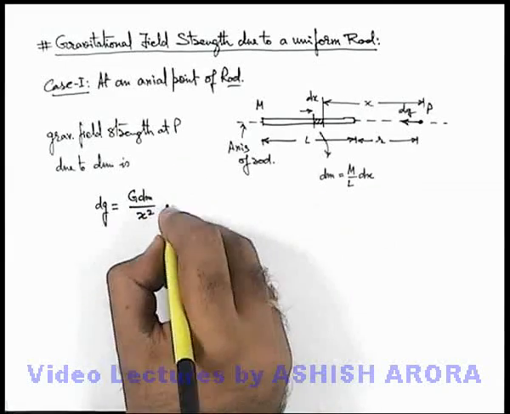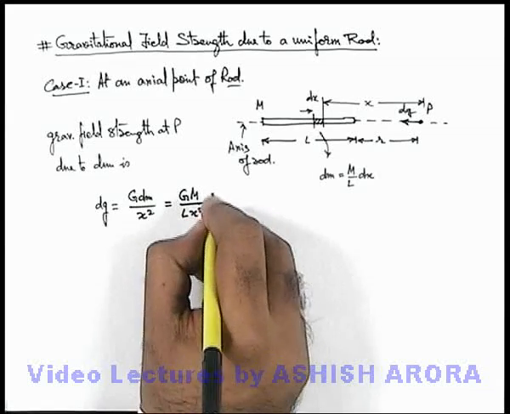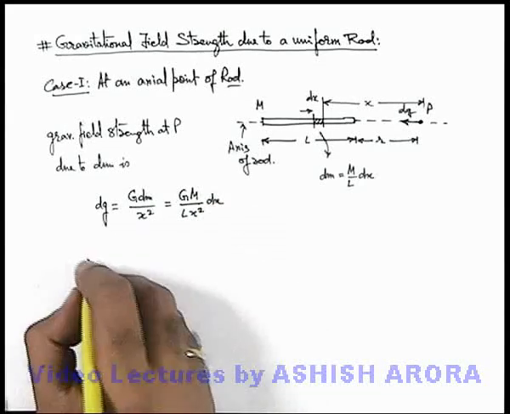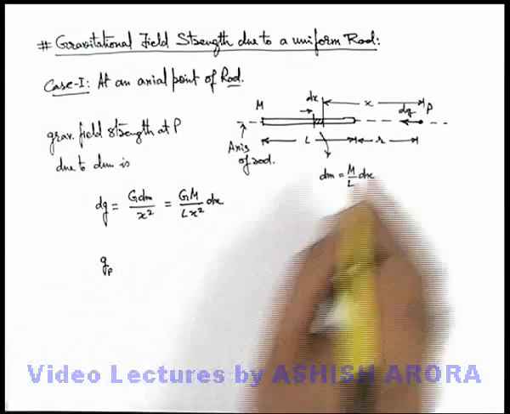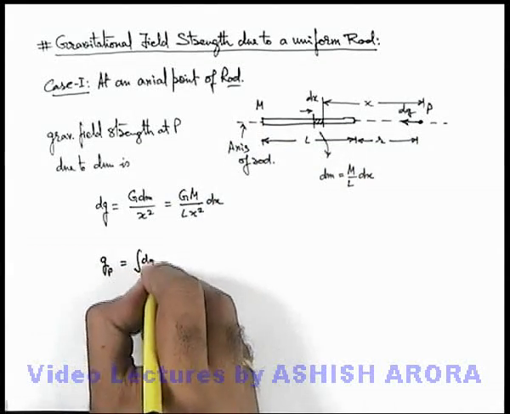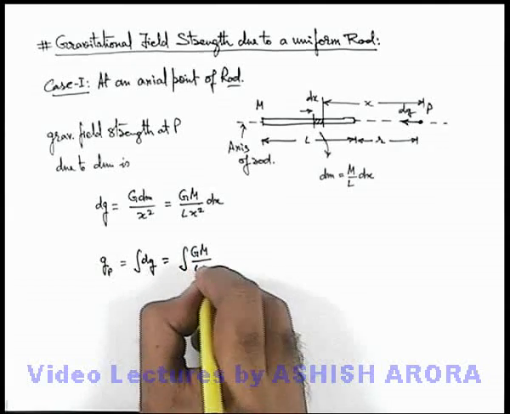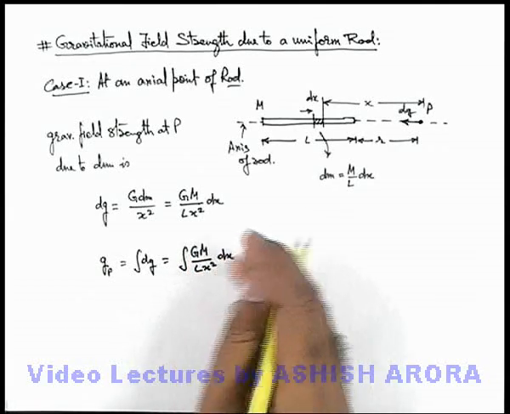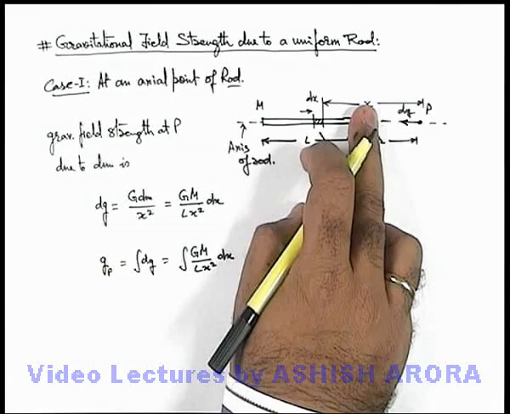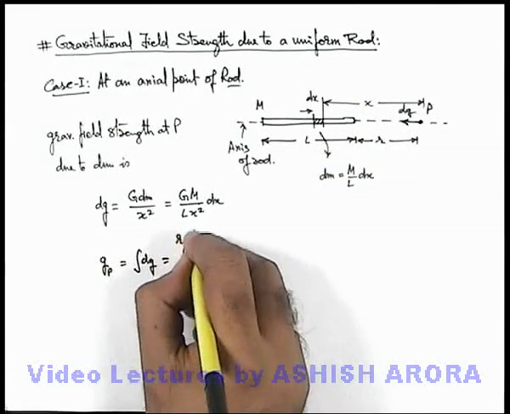If we substitute the value of mass, it will be G M by L x square dx. So we can simply calculate the net gravitational field at point P due to the whole rod. It will be integration of dg, which is integration of G M by L x square dx, and we'll apply the limits of integration on x from R to R plus L.